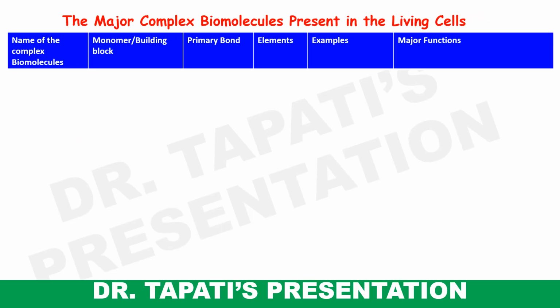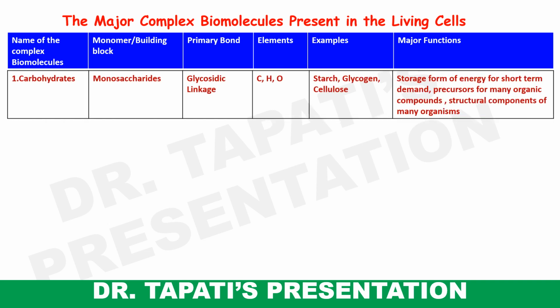Now I'm going to talk about the major complex biomolecules present in the living cells. First of all, carbohydrate or polysaccharides. Polysaccharides are composed of monosaccharides like glucose, ribose, fructose. These are monosaccharides. The primary bond present between monosaccharides is known as the glycosidic linkage.